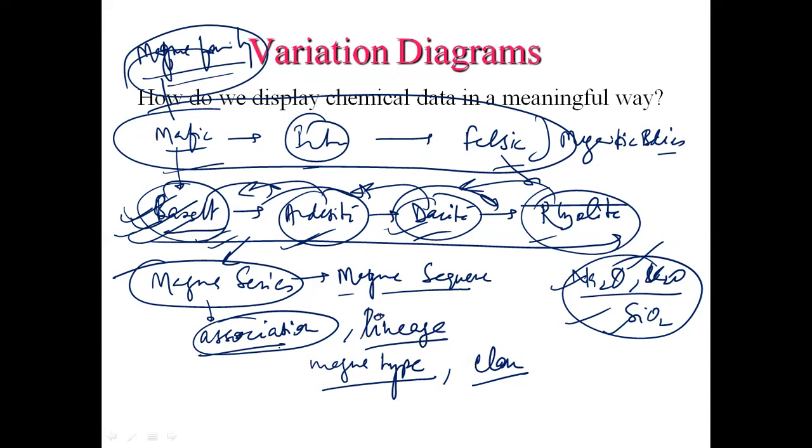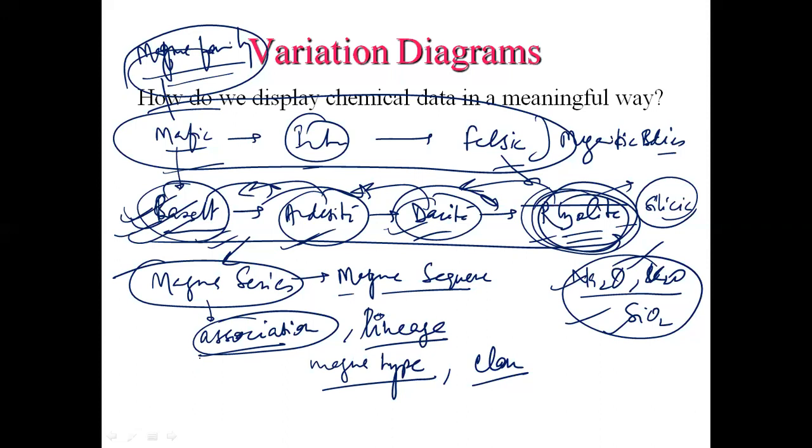Throughout a series, your magma shows compositional variation, and it will finally evolve as a more silicic derivative. So rhyolite is the most siliceous rock, the end product of your magma series. It is the end episode of the web series, which is silicic in nature.